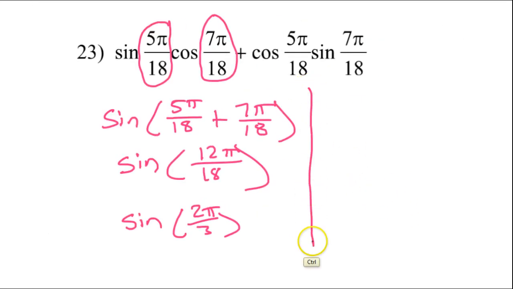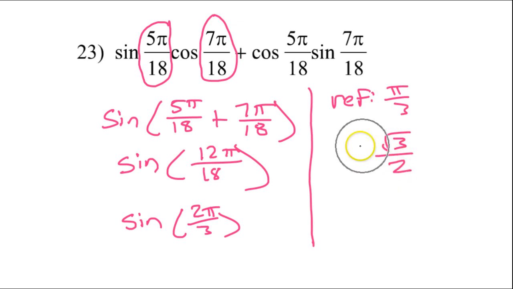Now the reference angle is pi over 3, so keep that in the back of your mind. The sine of pi over 3 is radical 3 over 2. The only question is, will it be positive radical 3 over 2 or negative radical 3 over 2? That's based on the quadrant.